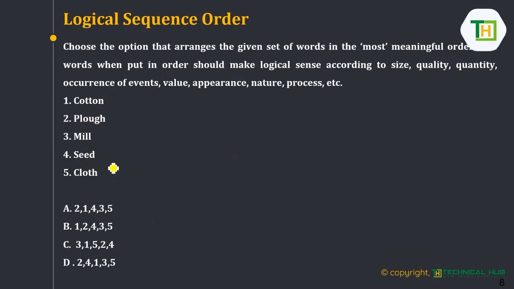Okay. So cloth is the final thing. The final product is cloth. I'll get the cloth from cotton. I'll get the cotton from mill. Isn't it? So first you will plant the seed and after that you will plough it, or will you plough first and then plant the seed?